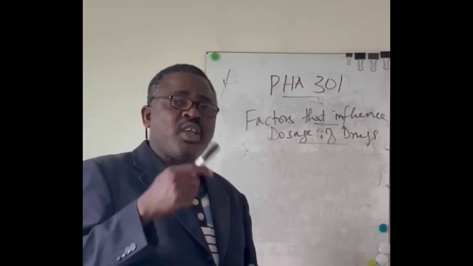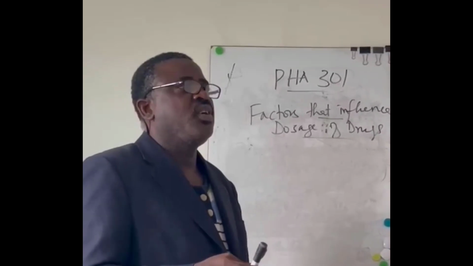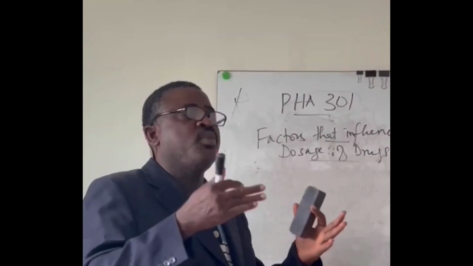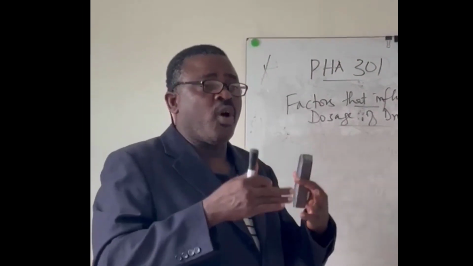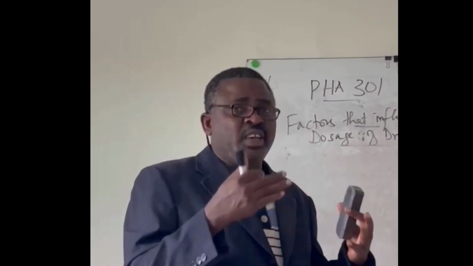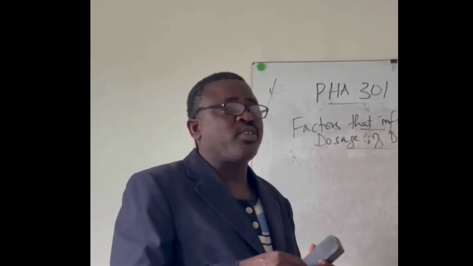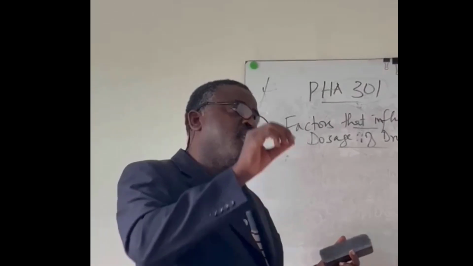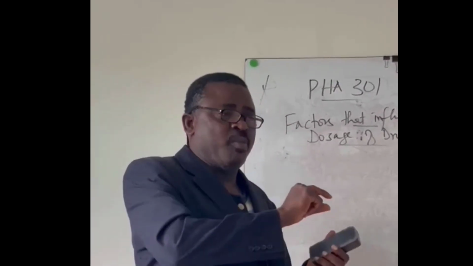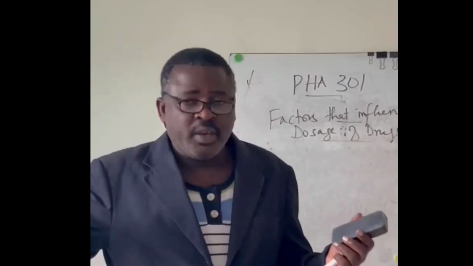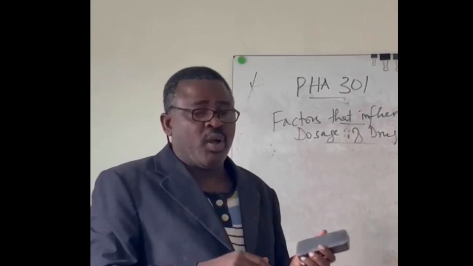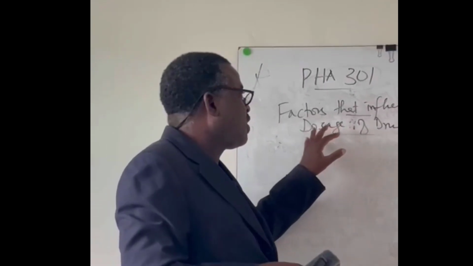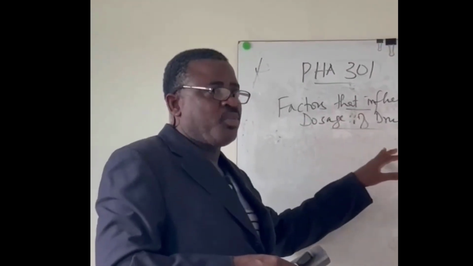Because when you consider all those factors, you will see that it is not the same dosage of drugs you give to different individuals. So prescription is based on the individual. It's never based on uniformity, that everything must be the same for every individual. That is what I'm trying to bring out here.